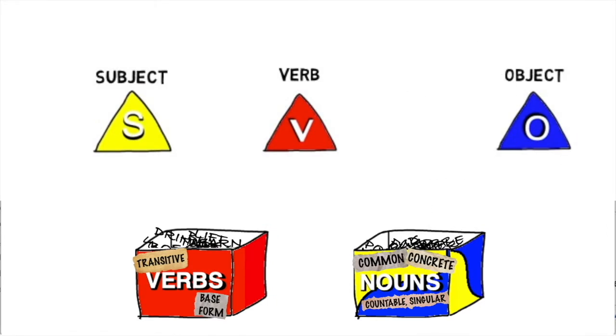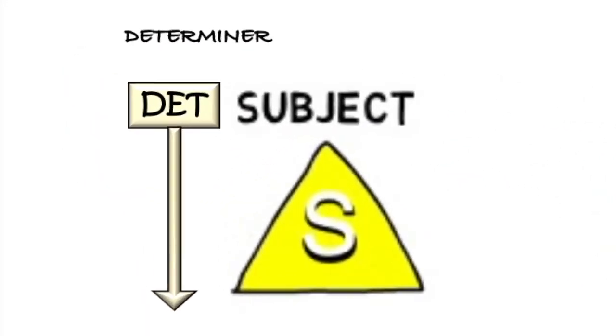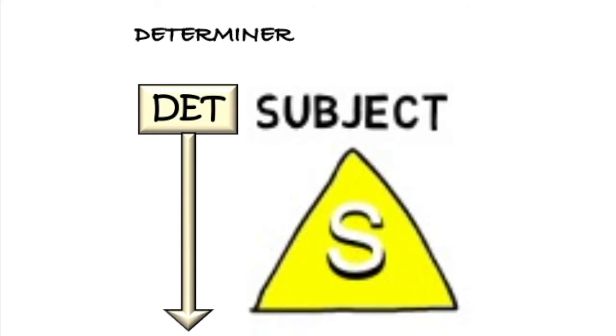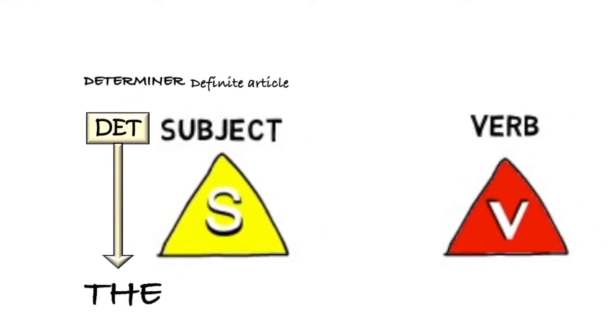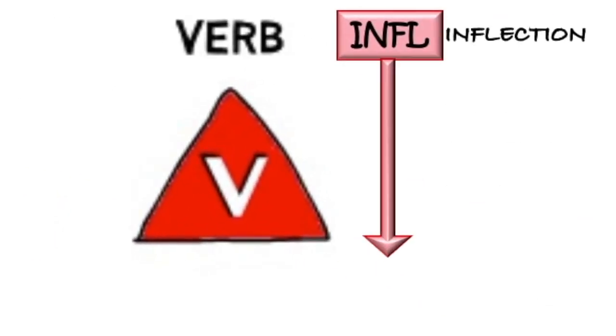Alright, I'm almost ready. I just need to add a couple of things to the structure. In English, nouns commonly need something called a determiner. If you're not sure what that is, don't worry, we'll come back to it later. I'm going to use a type of determiner called the definite article. That's the word the. I'm also going to add an inflection, a verb ending.